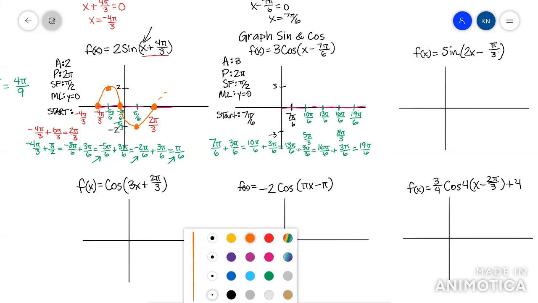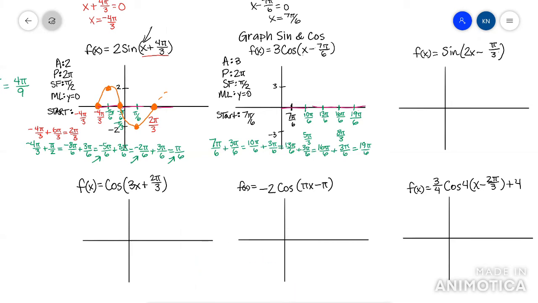Basically, this is going to be a positive cosine function. So it's going to start high, go mid, go low, go mid, and go high. So this one's going to look like this. The green's the hardest part, I'm telling you. Once you get the green down, it makes much more sense.